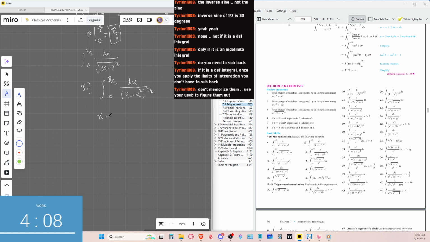Okay, so x is going to be equal to 3 sine theta, and dx is going to be equal to 3 cosine theta d theta.